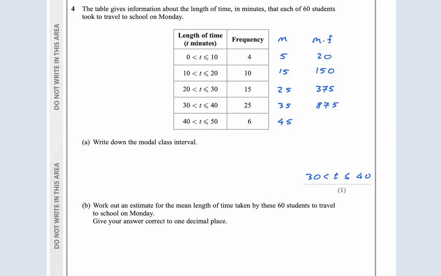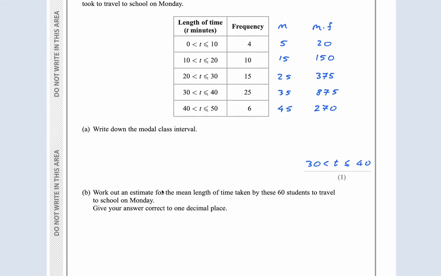875. And 6 times 45, I can do that one in my head, it's 270. Okay, now we add all these up.